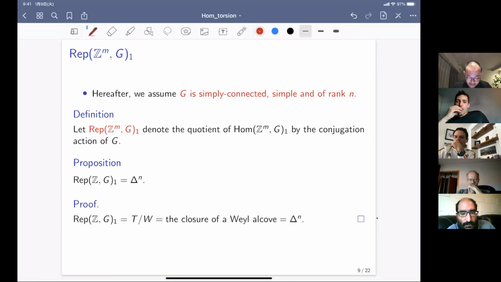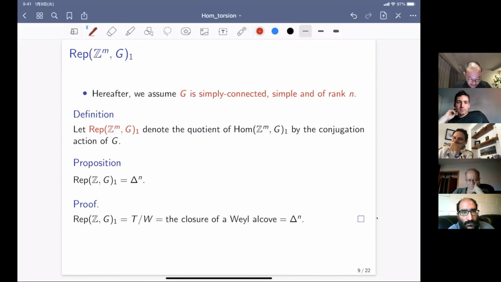If we assume G is simply connected, then the space Rep(Z, G)_1 will be very simple. Anyway, here's the definition. Let Rep(Z^m, G)_1 denote the quotient of Hom(Z^m, G)_1 by the conjugation action of G. So this is often called the character variety.